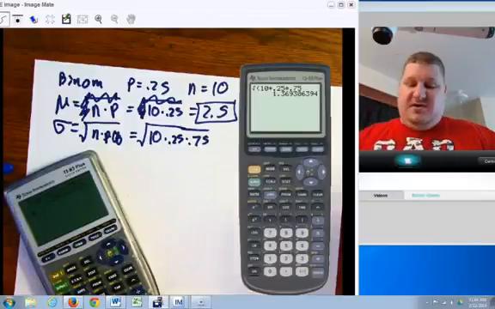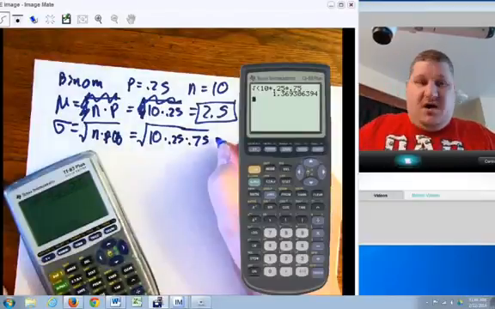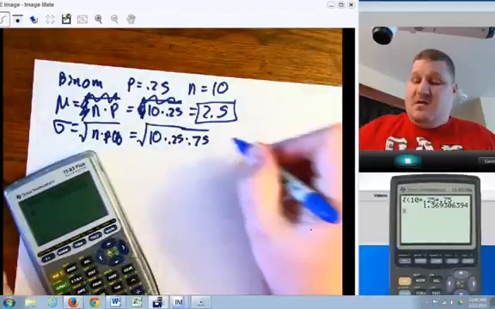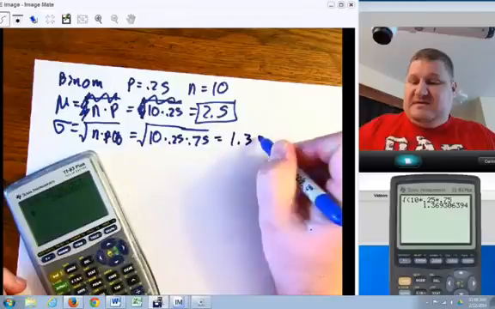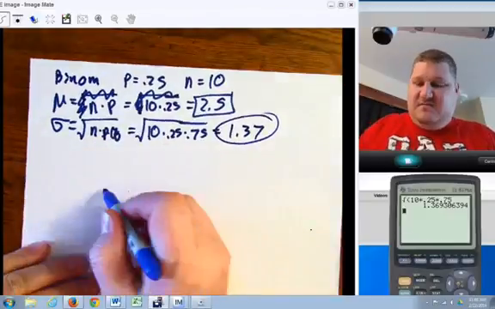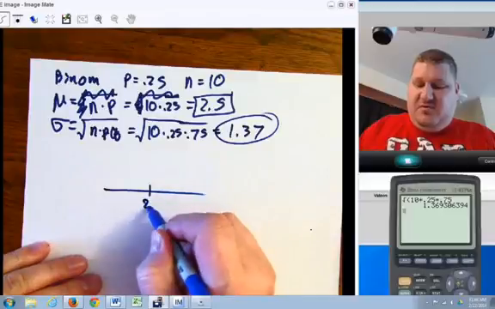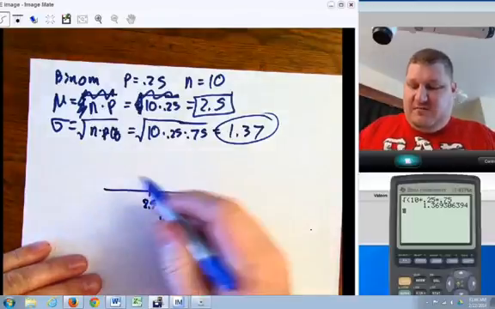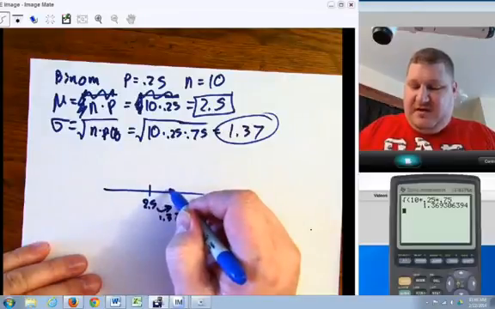Enter. And you're going to get 1.37. Okay? And again, if needed, you could set it up with a 2.5, go plus 1.37, be 3.87.